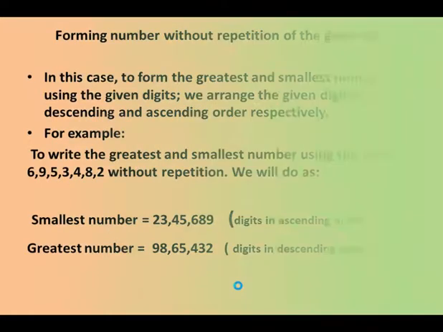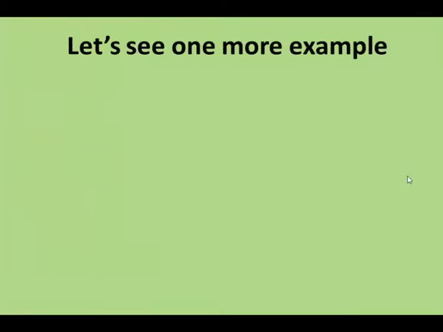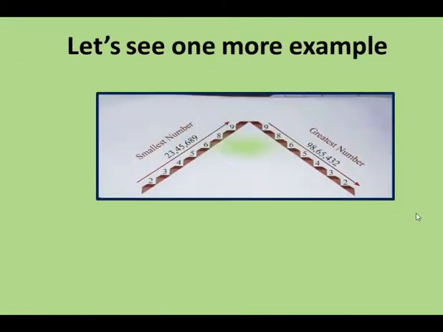Then we have some more examples over here. Here you can see I have drawn a pattern which indicates the smallest number in ascending order, and for the greatest number we move to descending order. As you can see, the digits 2, 3, 4, 5, 6, 8, 9, and for the greatest number using these digits, 9, 8, 6, 5, 4, 3, 2.